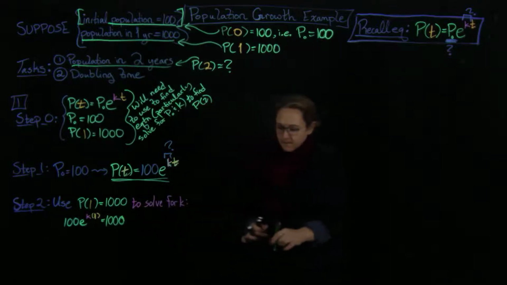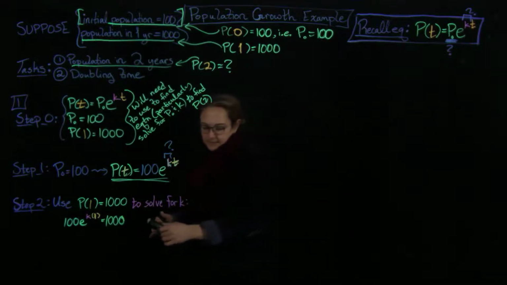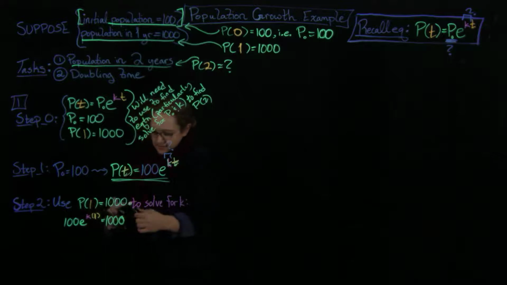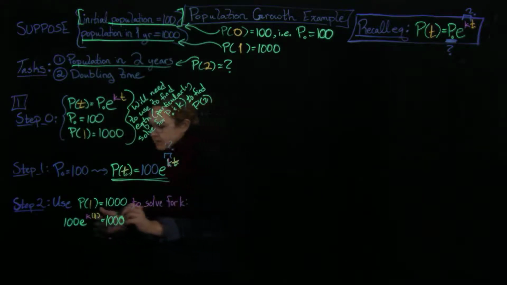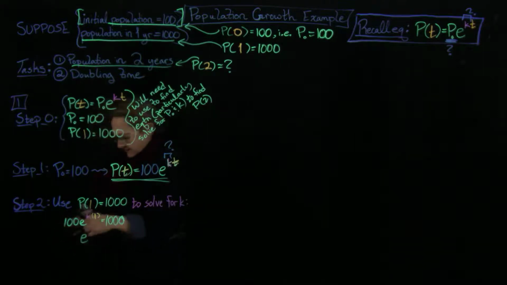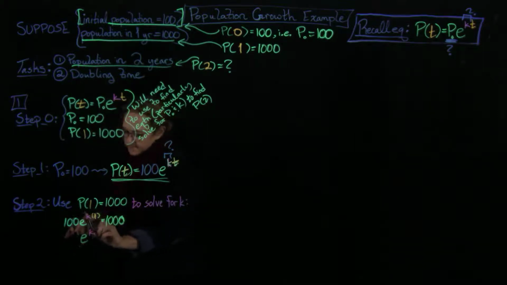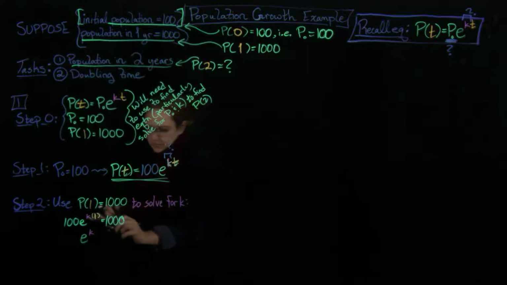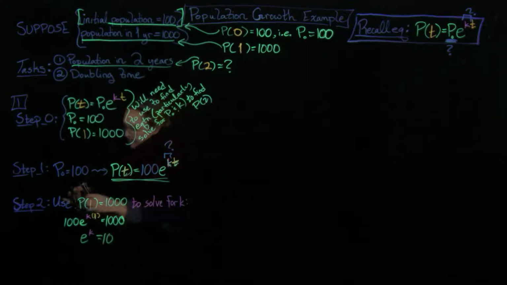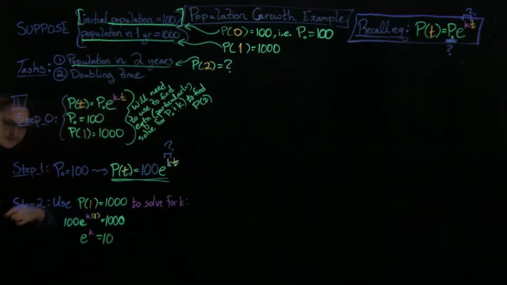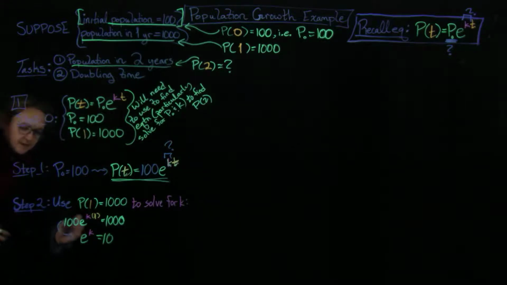Now I can divide both sides by 100. So I get e to the k equals 10. What is everything that I did in this step? I did two things.